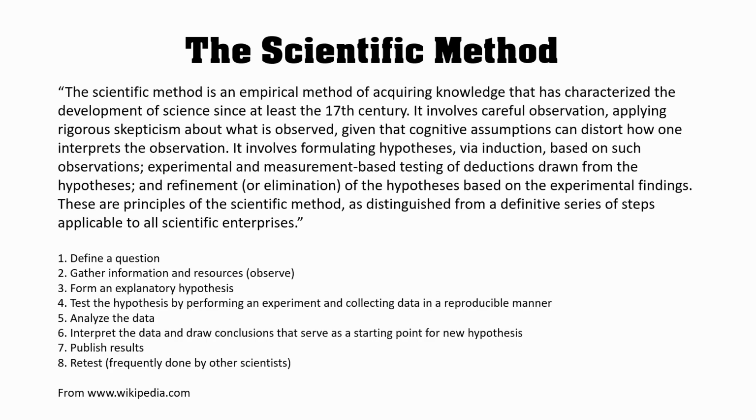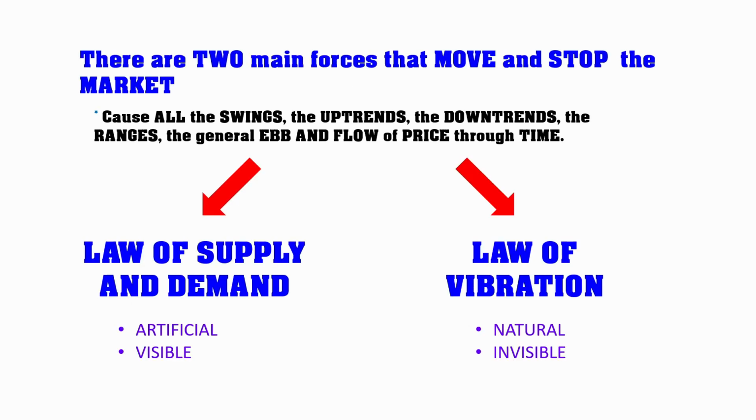So of course, due to the scientific method, the law of vibration is not recognized by the scientific and academic establishment, or modern science, as we can say, because it is difficult to prove, because it has to do with very complex cycles that are not really easily measured and tested and replicated through the standard of the scientific method.